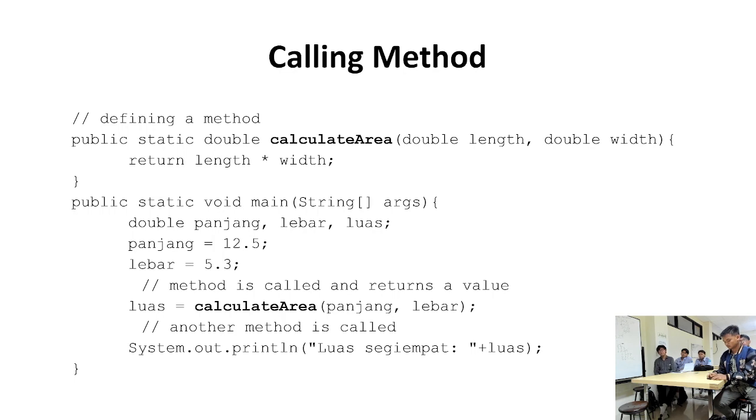Okay, so the result is 12.5 cross 5.3. The result is how much? 62.5 plus how much? 66.25.